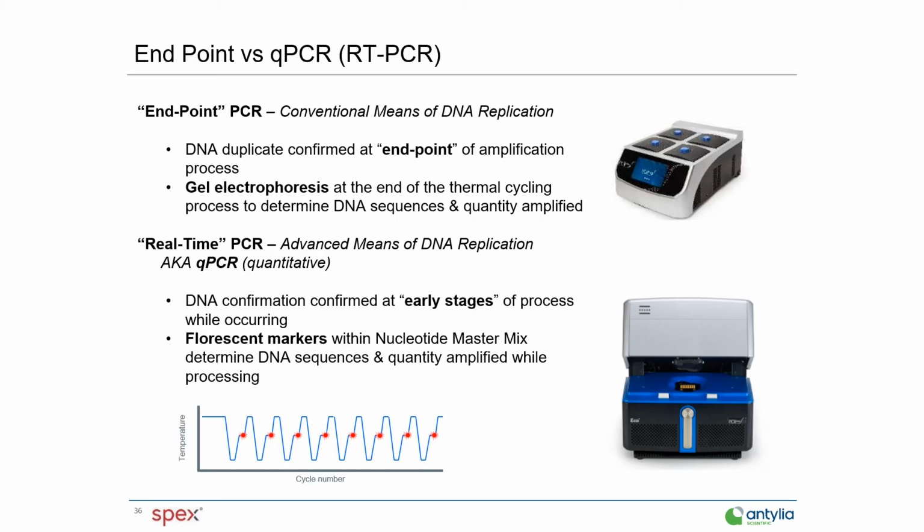And this fluorescent marker, along with a series of sensors and lights, can then measure as the DNA is being produced. So a measurement is taken and you can see the amount that's being measured every time a cycle completes. So whenever it is amplified, you'll get a hit with the fluorescent marker, and you can see this over and over again as the amount of DNA increases.